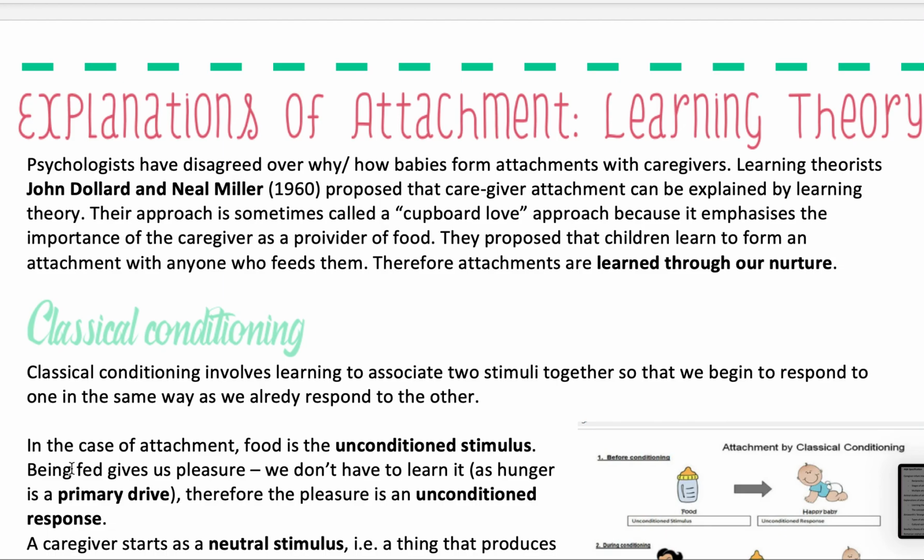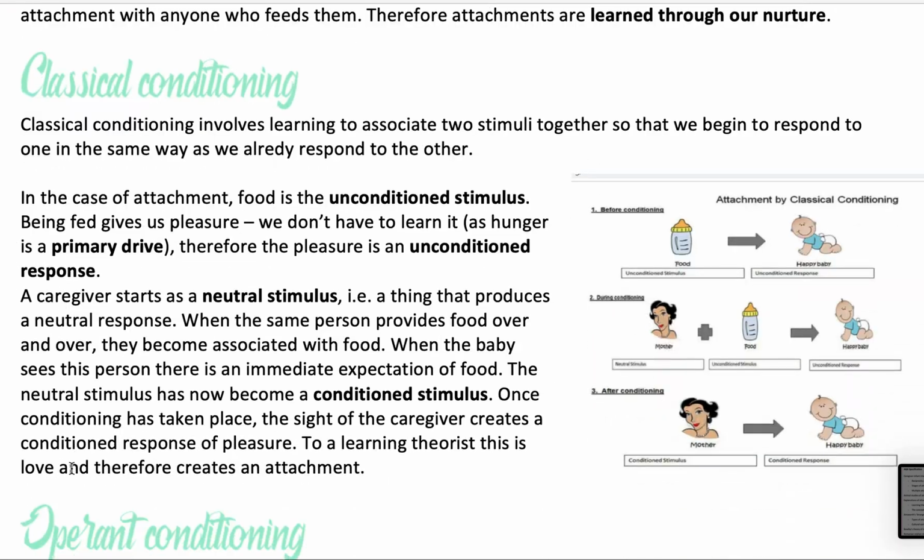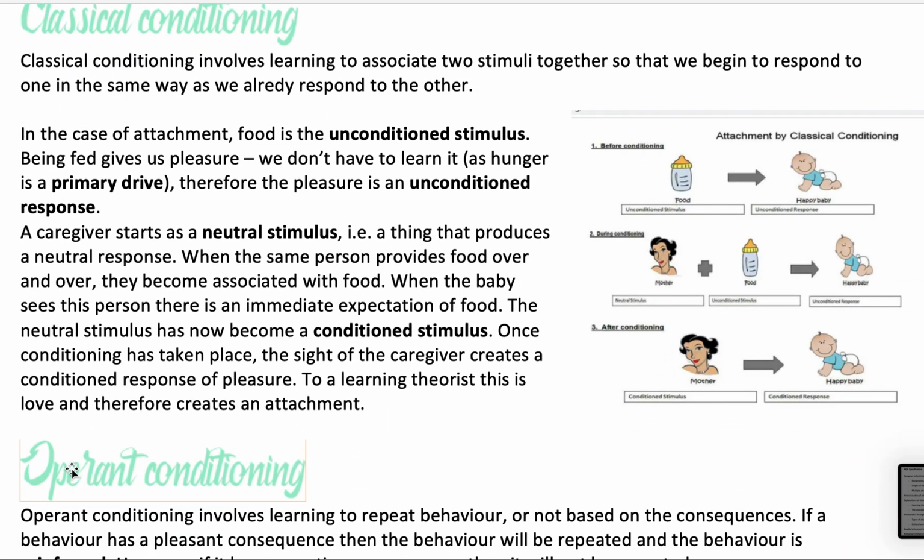Explanations of attachment: learning theory. This is the idea that attachments are learned through nurture. Food is the unconditioned stimulus and pleasure is the unconditioned response. The caregiver starts as a neutral stimulus, as babies don't react to the caregiver initially.